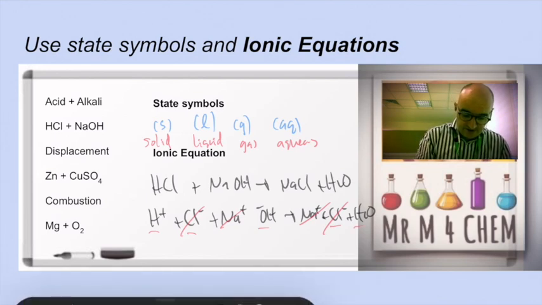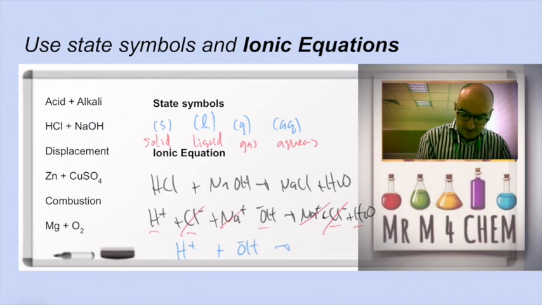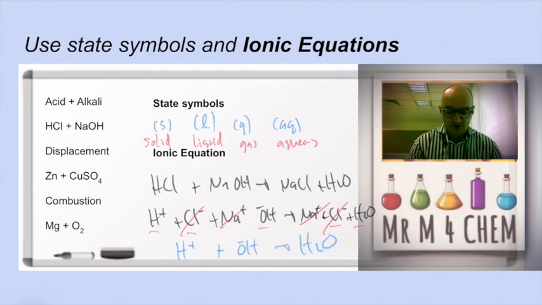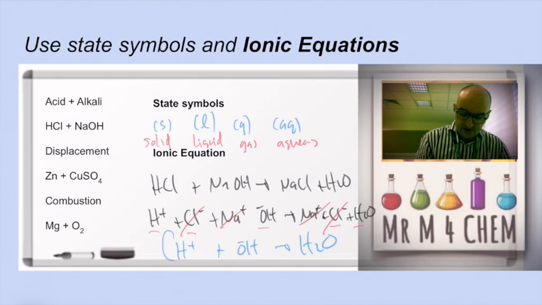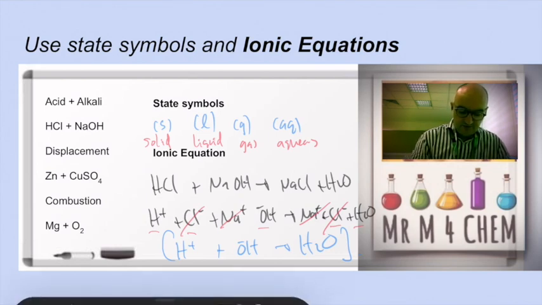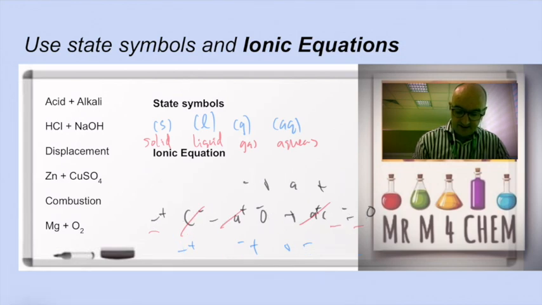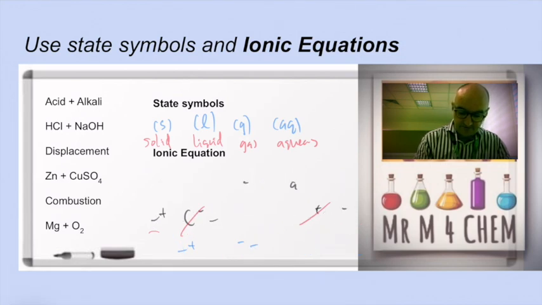They're different on each side, so H plus plus OH minus goes to H2O. That is the net ionic equation. It would be very rare for them to ask that question, but it is on the syllabus, so you need to be aware that that's how you actually do them.